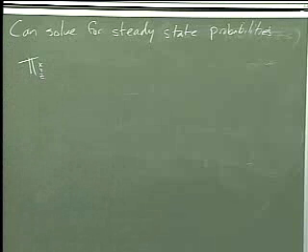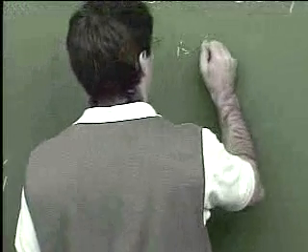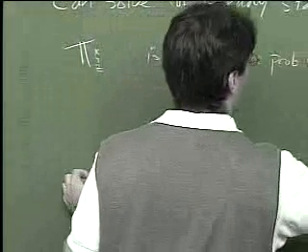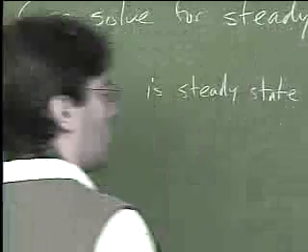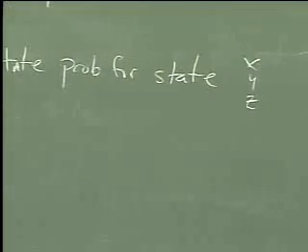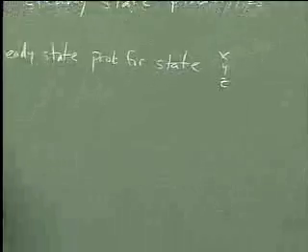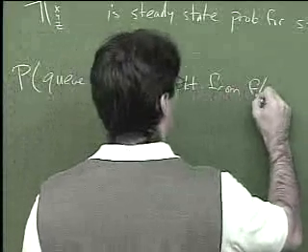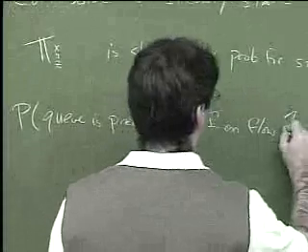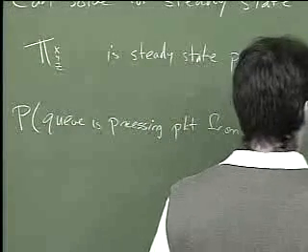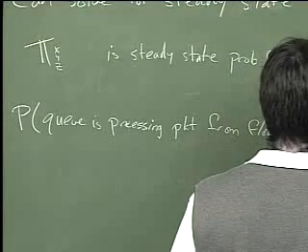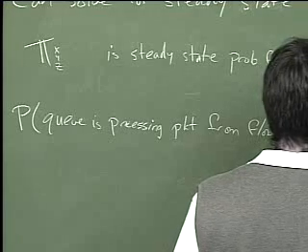Okay, I'm going to write them like this. Pi of x, y, z is the steady state probability. Then the probability that the queue is processing a packet from flow 1 is the sum over y and z of pi 1 y z.